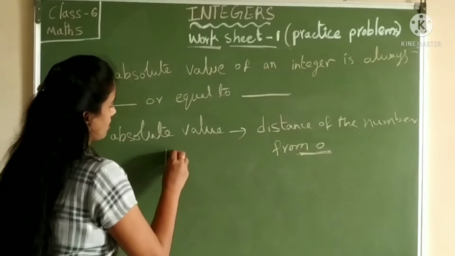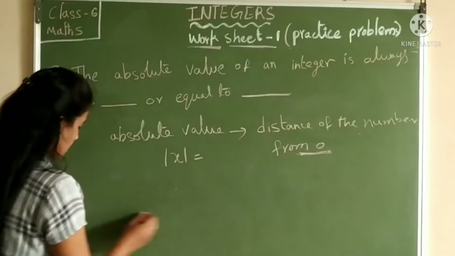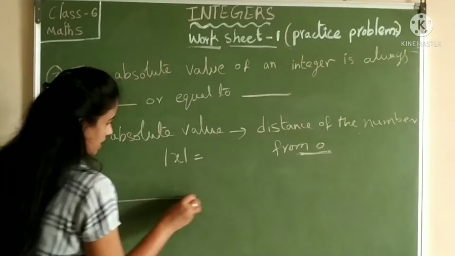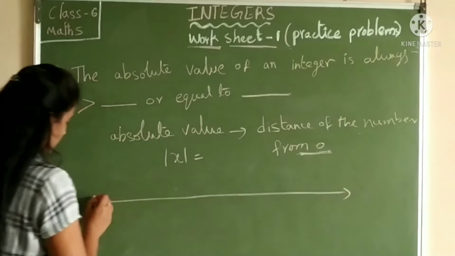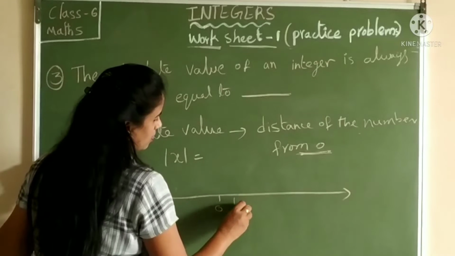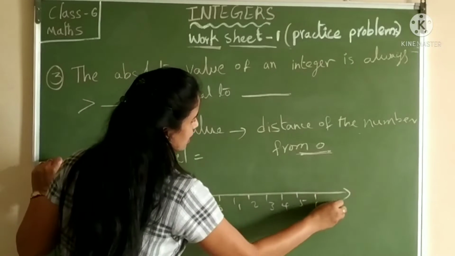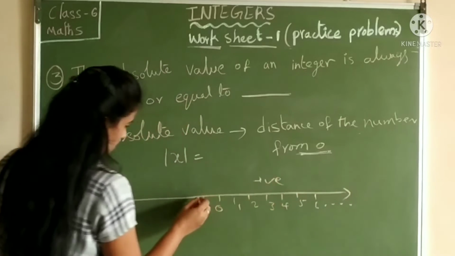It is represented as modulus of x is equal to modulus of x. See, write the number line: 0, 1, 2, 3, 4, 5, 6 and so on, positive numbers, and negative numbers.